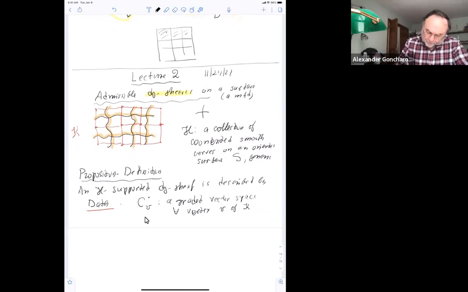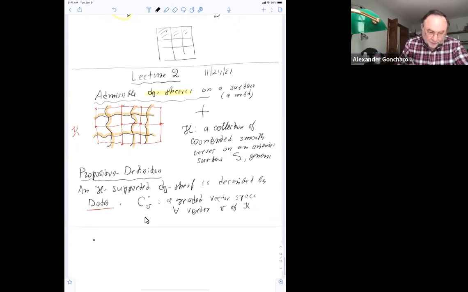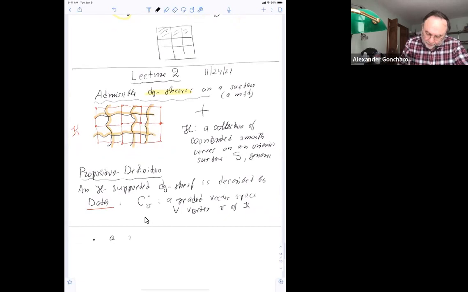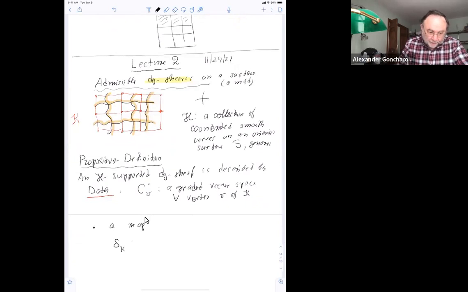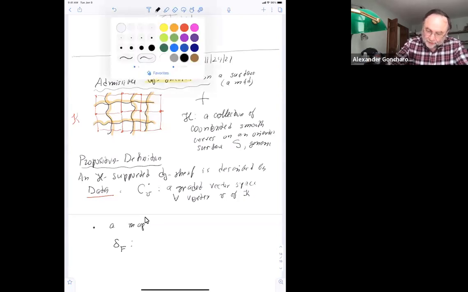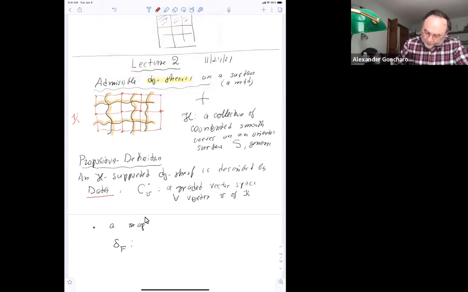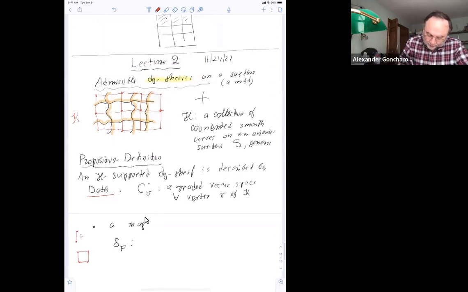And this is one piece of the data, and the second piece of the data is that there is a map. Let's call this map delta_F. I have to take a face F of this cubical complex. In our situation, we can have a face given like that. Only you can have a two-dimensional face. In general, you can have cubes of higher dimensions. So this is our face F, either this or that.